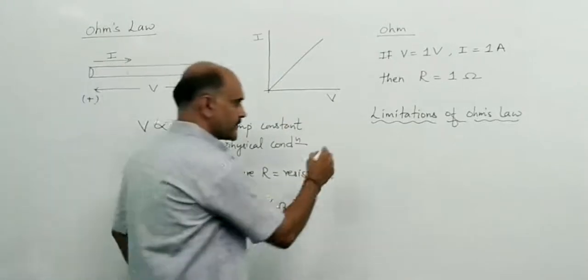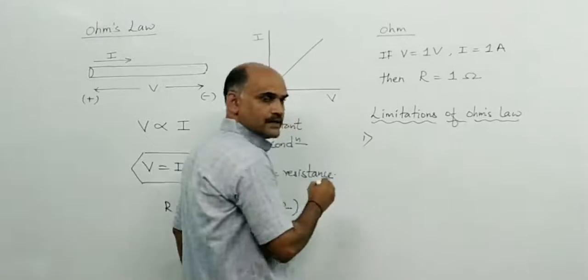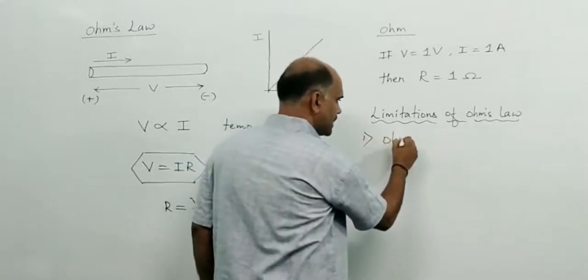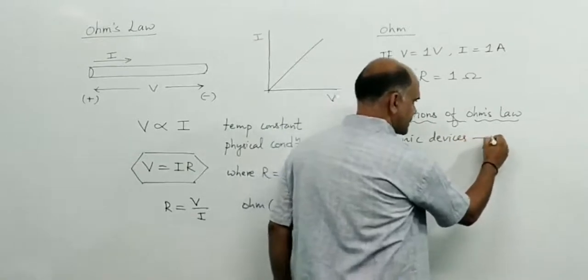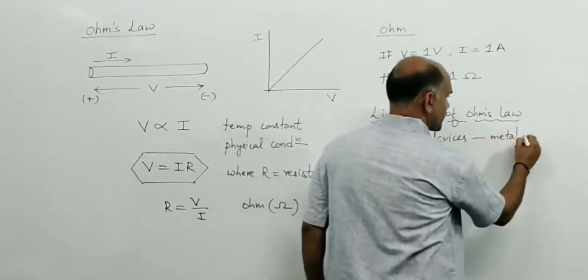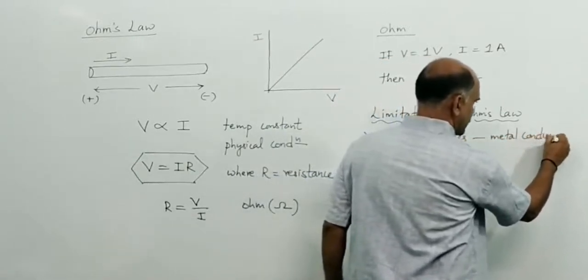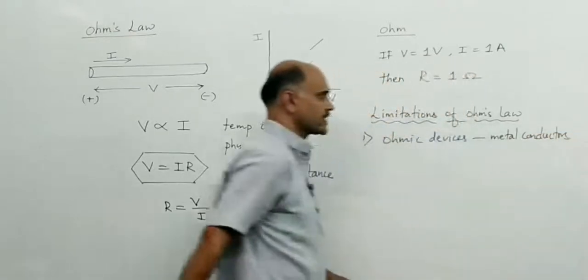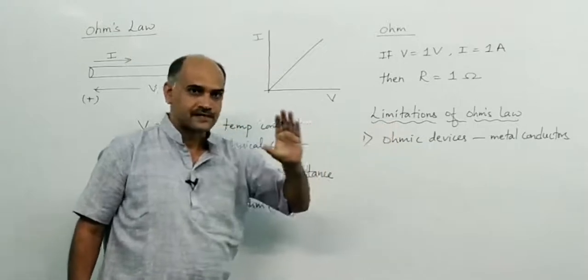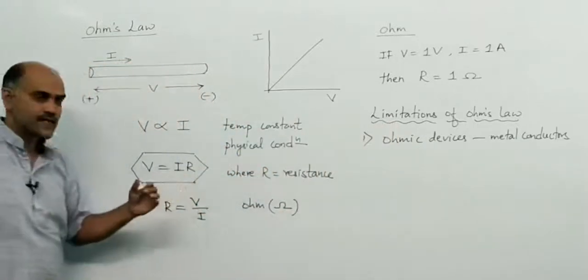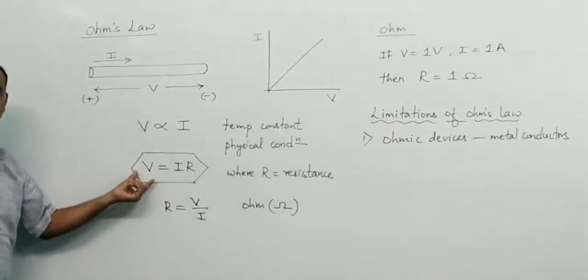First one, it is applicable only to ohmic devices, or you can say metal conductors. Ohmic devices means devices which obey Ohm's law.